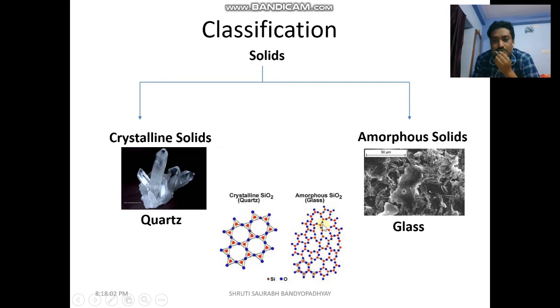Amorphous solids have more or less same arrangement of atoms, similar arrangement of atoms along different directions, because there is no definite pattern involved in case of amorphous solid. An average pattern follows over different directions. So average value of physical properties will be observed from different direction, and all those values will be similar, which will be not observed in case of some crystalline entity.